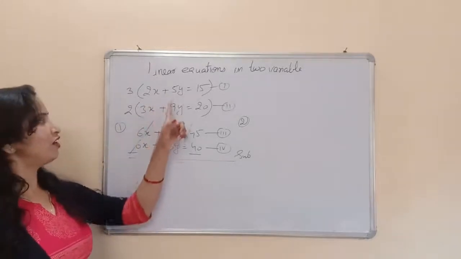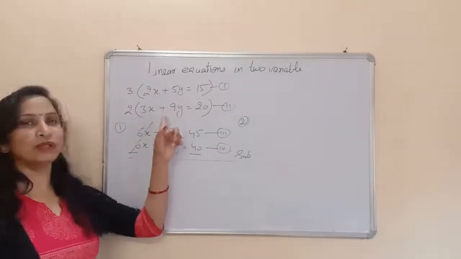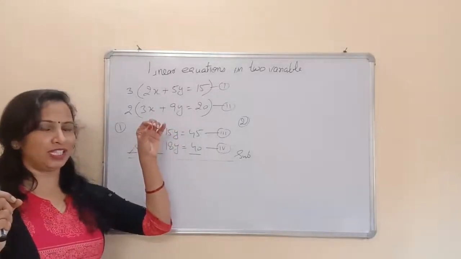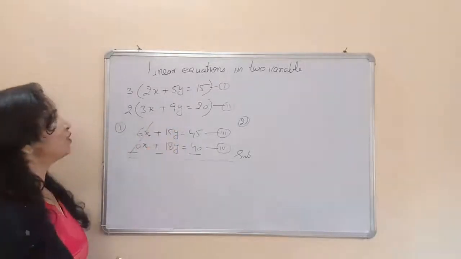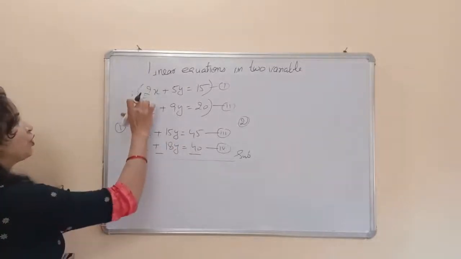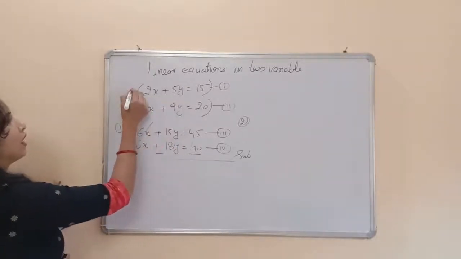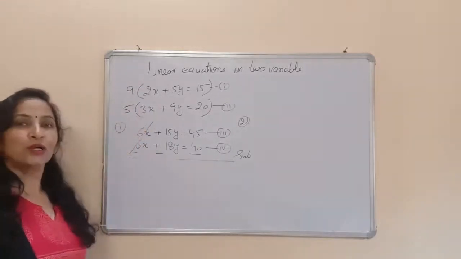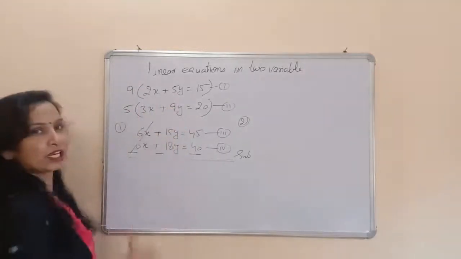If you want 9 and 5 to be equal, it will be equal if it becomes 45. So in this case, you will multiply the first equation by 9 and the second equation by 5, so that both the constants of y will become equal.